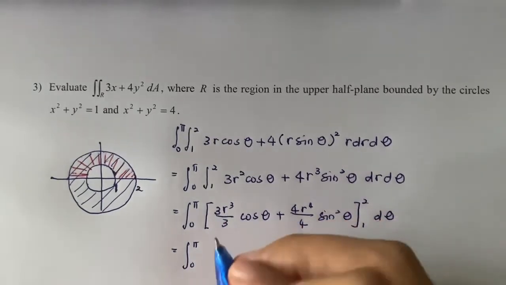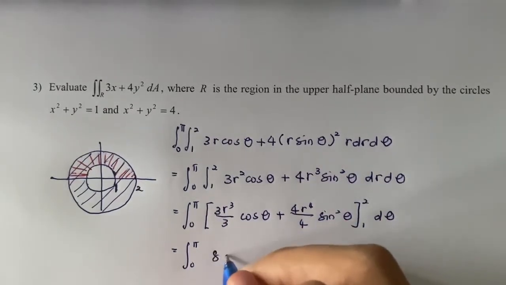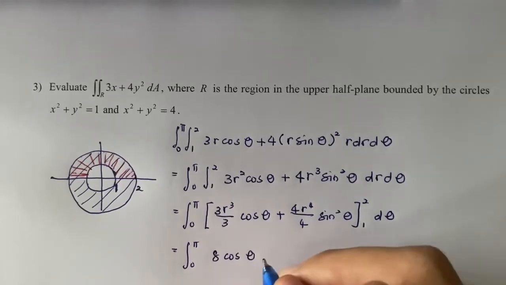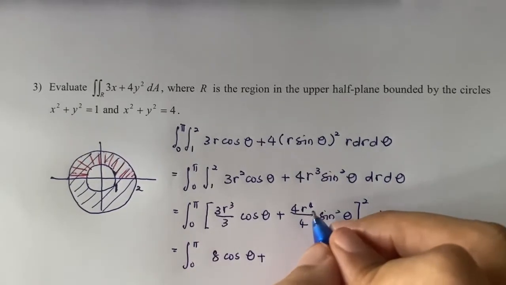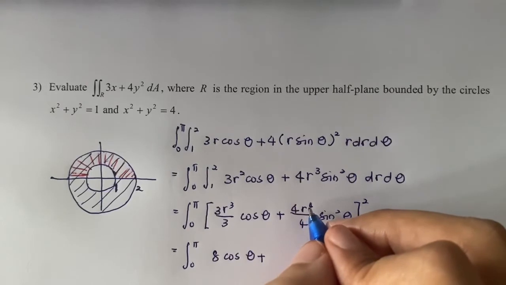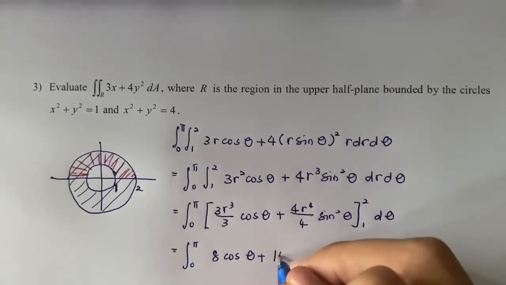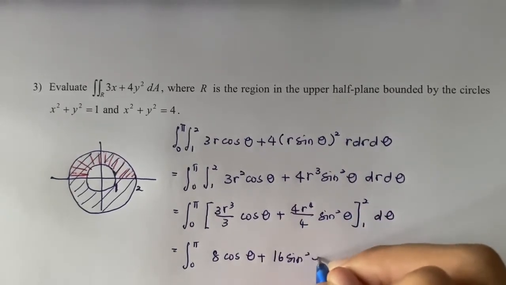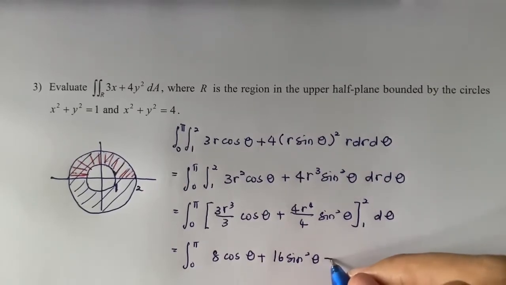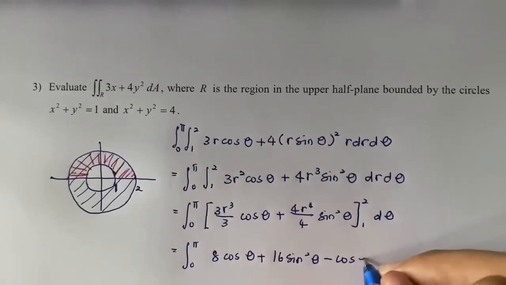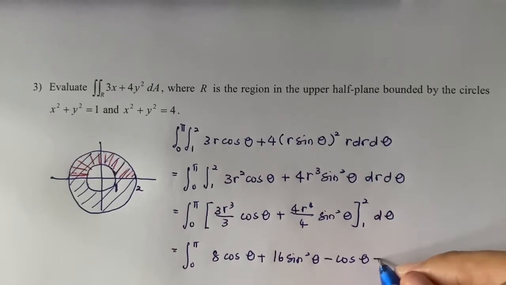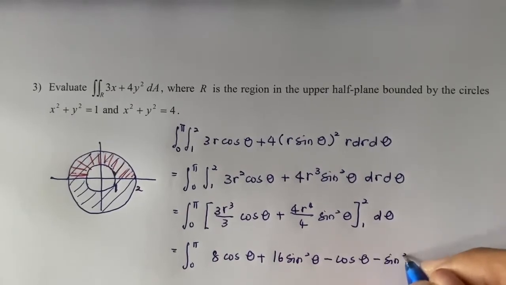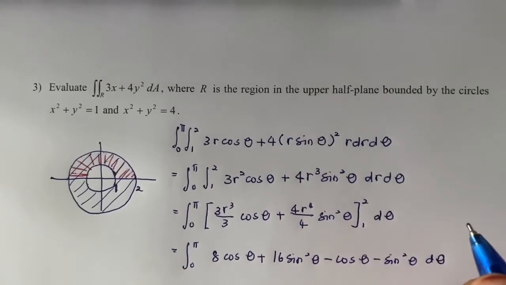You have 8 cos theta plus 2 to the power of 4 is 16, 16 sine square theta, minus, with cos theta, substitute 1, minus sine square theta d theta.